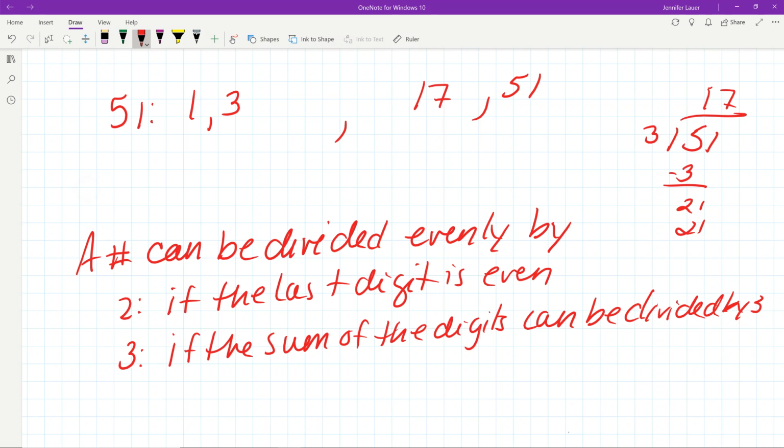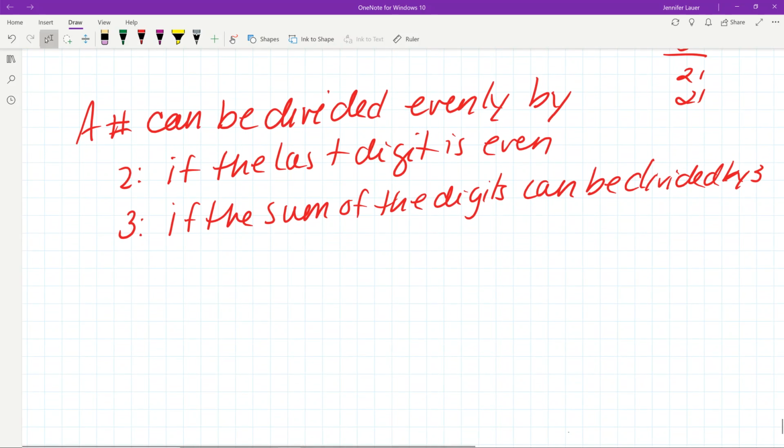So let's keep going with our list here. How do we know if a number can be divided by 4? Well, if the last 2 digits can be divided by 4, it's divisible by 4.